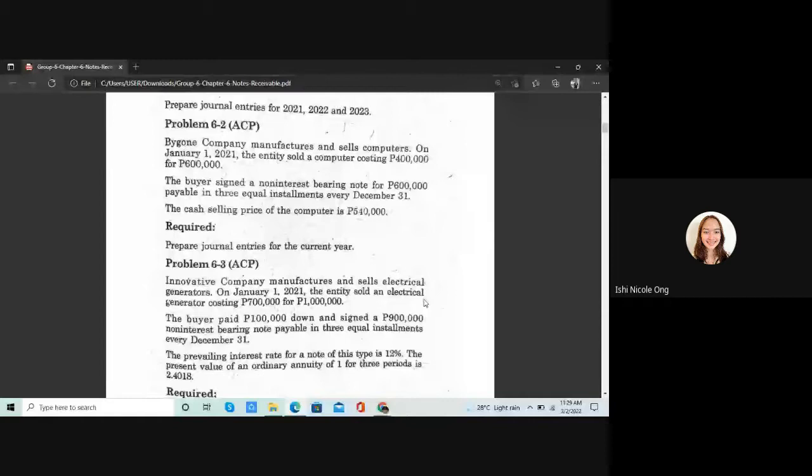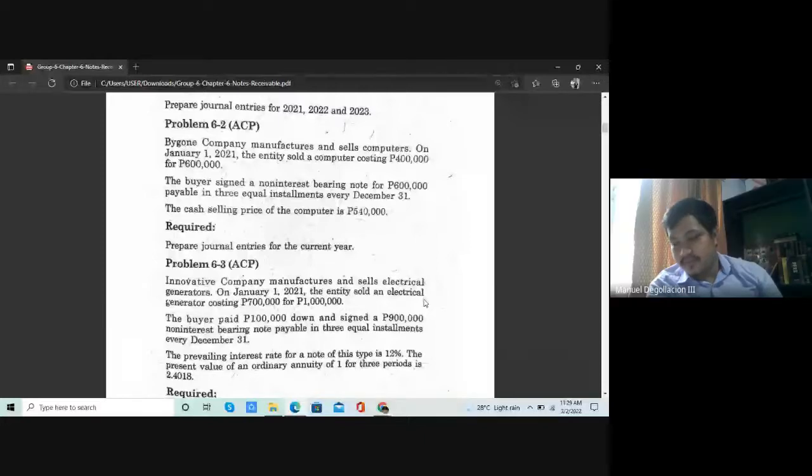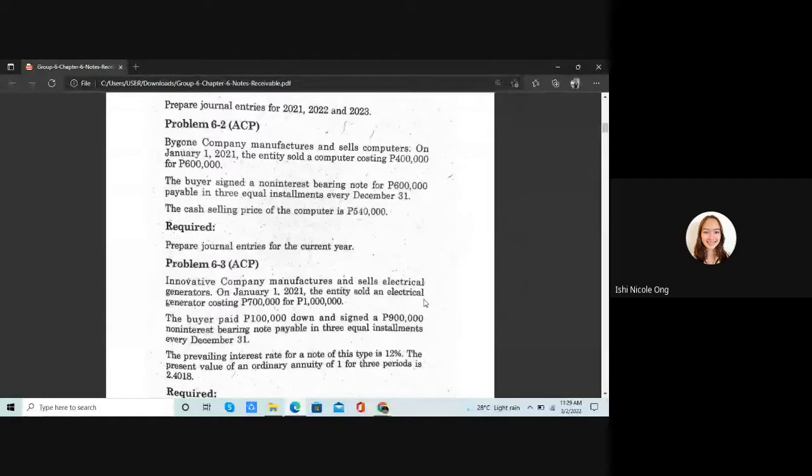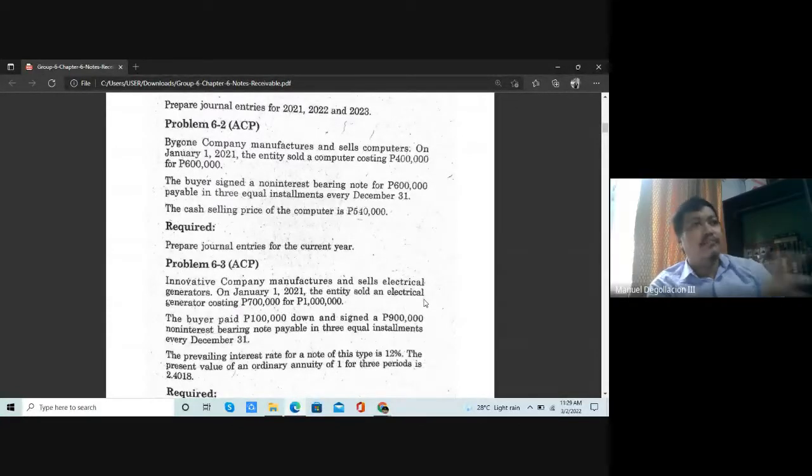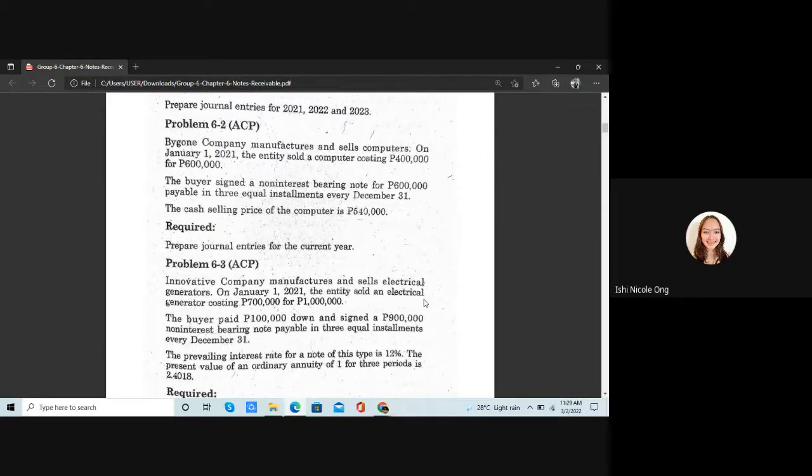Cash, we receive notes receivable, 600,000. You say debit 600,000, credit sales 540,000. Give us the account title. Debit, account title, amount. Credit, account title, amount. Okay, sir.